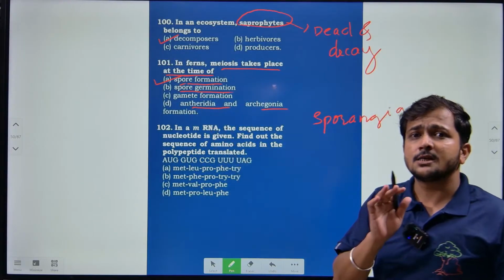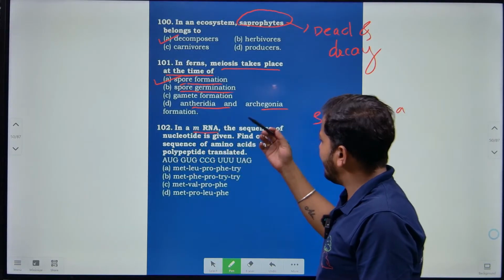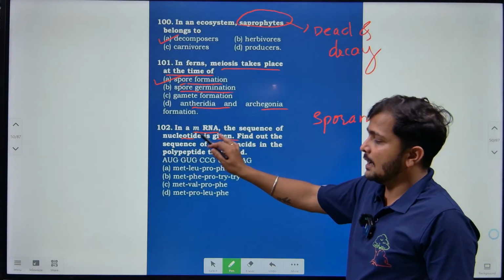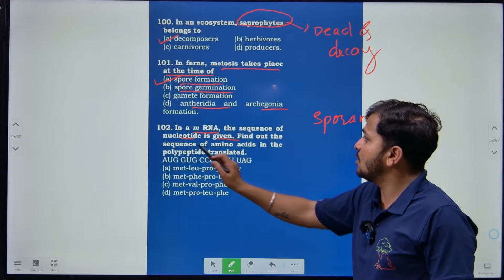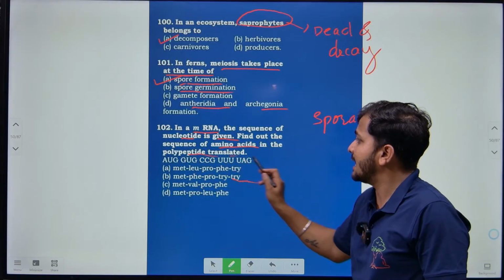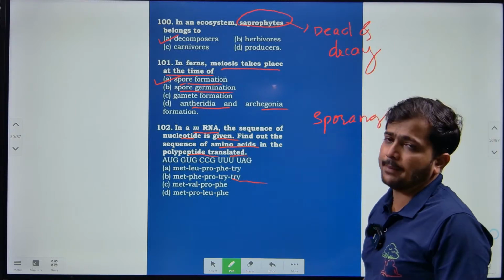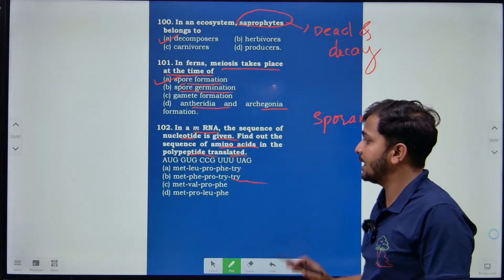In an mRNA, the sequence of nucleotides is given. Find out the sequence of amino acids in the polypeptide translated. So we have to find out the sequence of amino acids from the nucleotide sequence they have given.